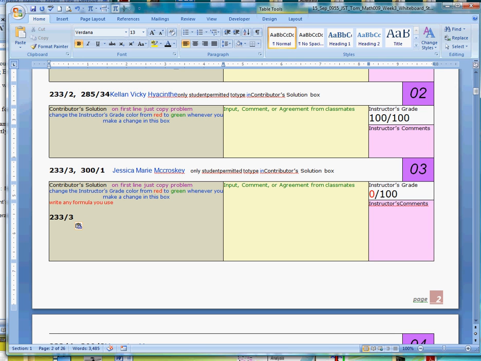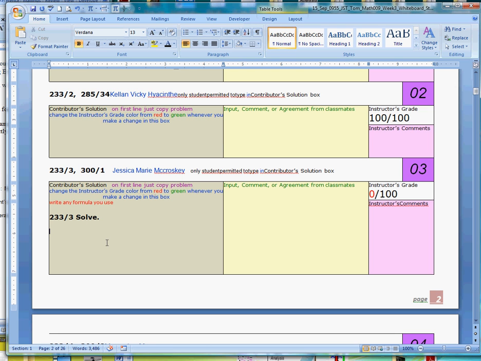The next thing that you do is to look up that particular problem on that particular page in your textbook, and you copy down any instructions that the book gives you for working this problem. In this case, they say to solve. The next thing that you do is to copy the problem exactly as it exists in the textbook, not to make any changes of it, but just to put it into this box exactly the way that it works.